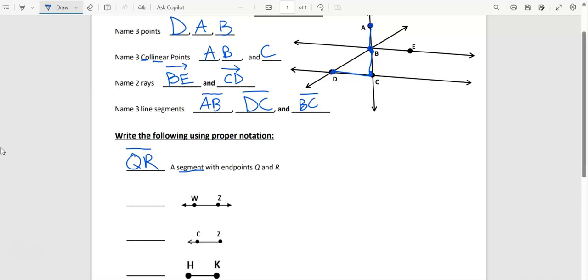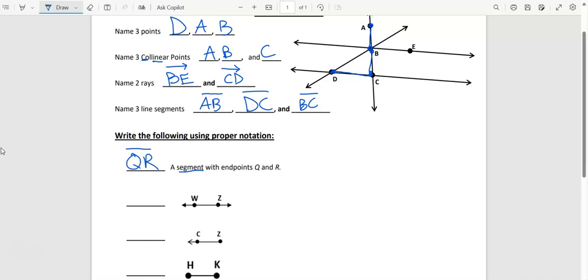Okay? What is this next shape with 2 arrowheads on it? What do you call this shape with 2 arrowheads? A line. Okay? And if it's a line... All right.